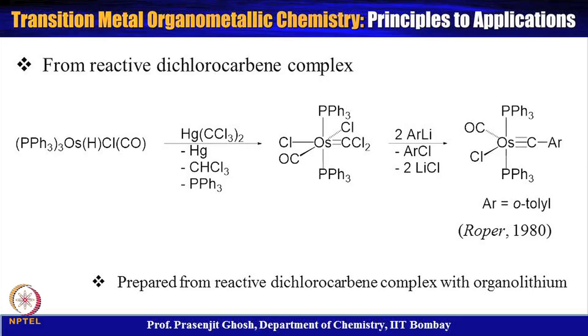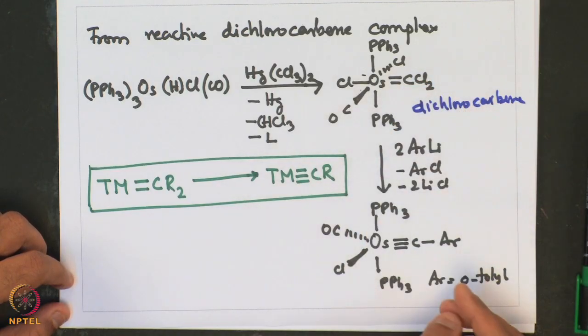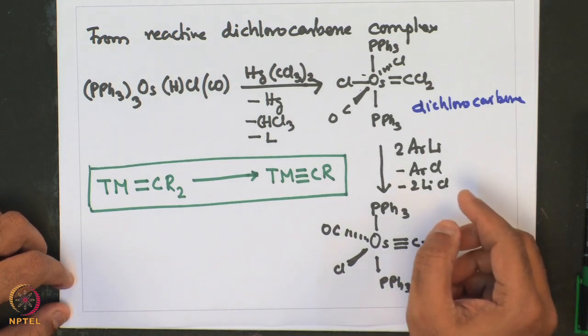And this is one that reacts highly reactive dichlorocarbene species with aryl lithium. Transition metal carbyne complexes, we have reviewed some of the methods which are used for preparing these complexes.